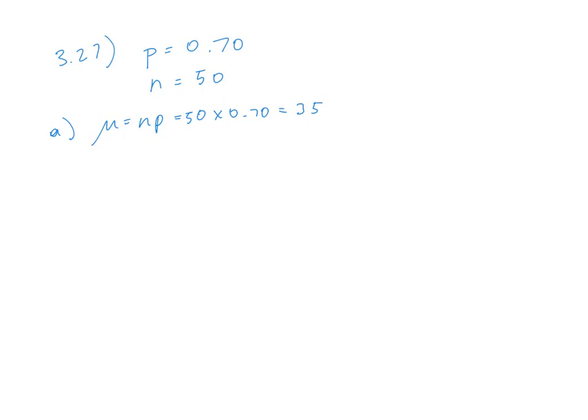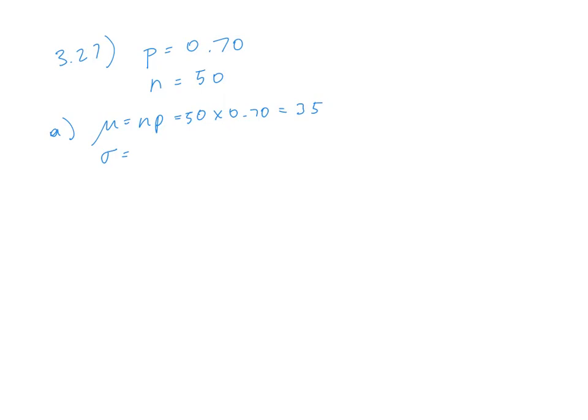Now, this doesn't mean that every time you get a random sample of 50 18 to 20-year-olds, exactly 35 of them will have consumed and exactly 15 of them will not have. This number will have some variability around it, and we calculate that with the standard deviation.